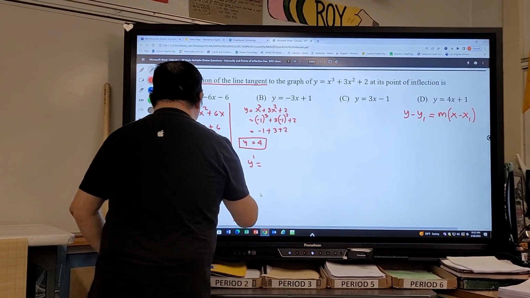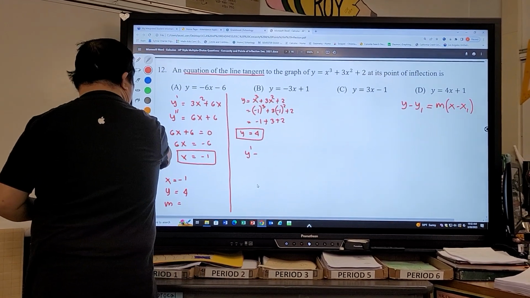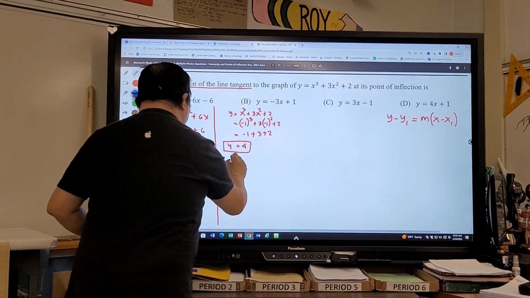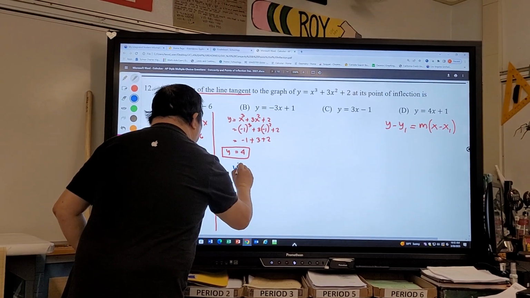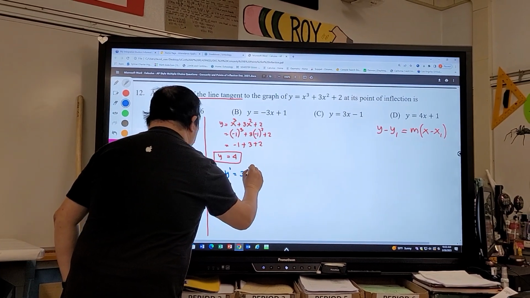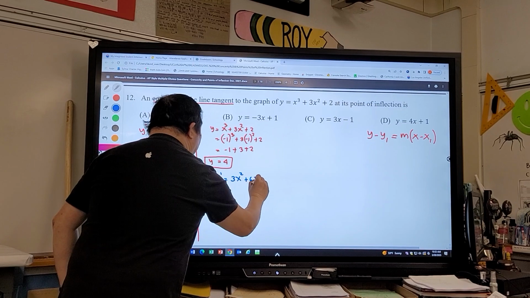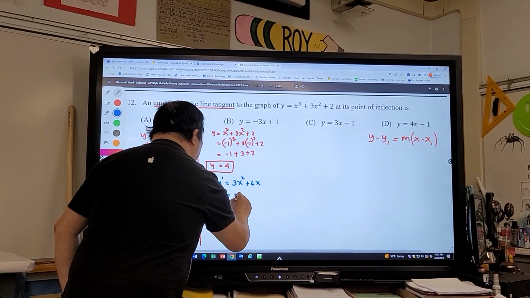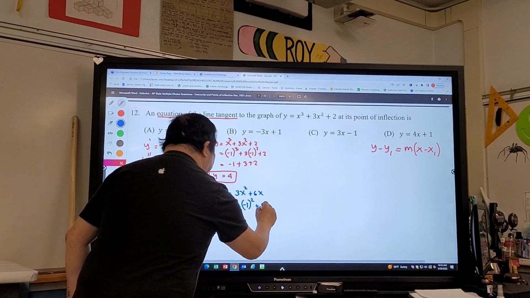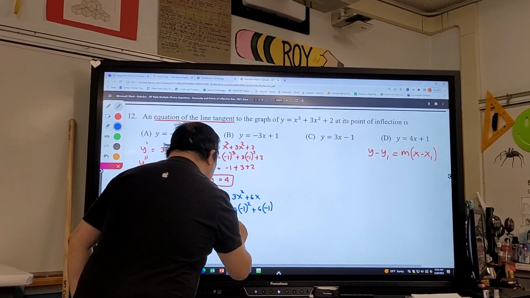is equal to, can I just use blue color? Okay, y prime is equal to 3x squared plus 6x. And then plug in negative 1. So negative 1 squared times 3 plus 6 times negative 1.